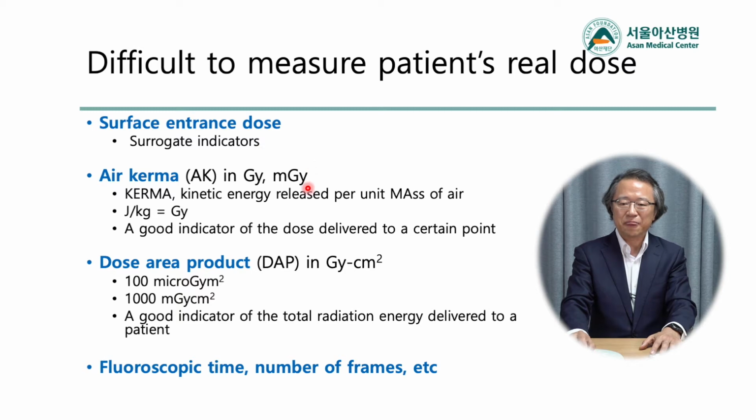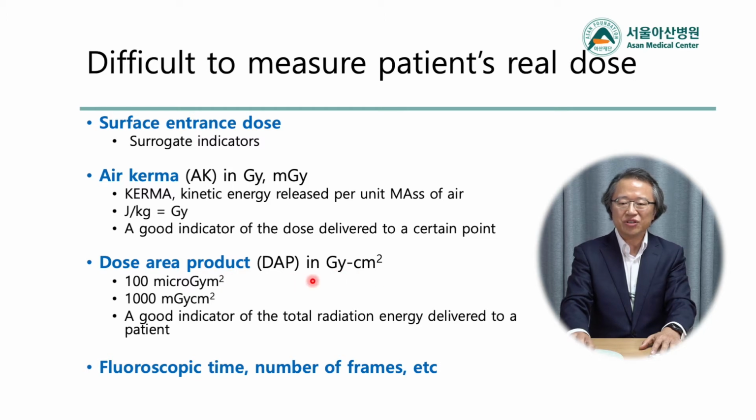Air kerma, which stands for kinetic energy released per unit mass of air, is a good indicator of dose delivered to a certain point, for example, eyelids, thyroid gland, etc. The concept of dose area product, DAP, includes exposed area.